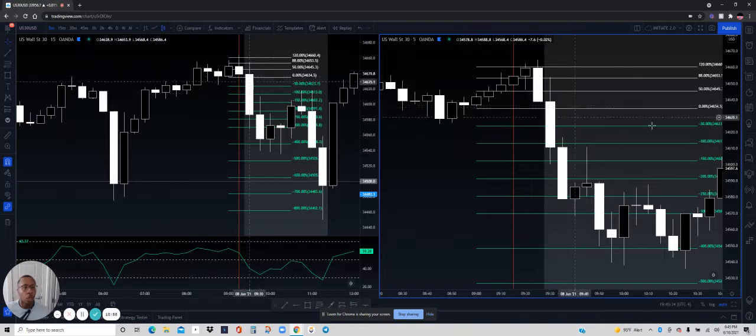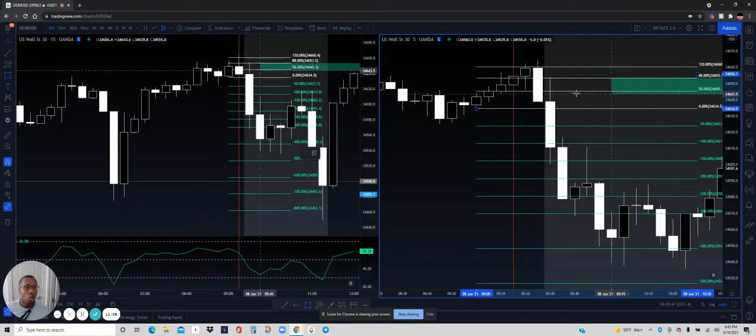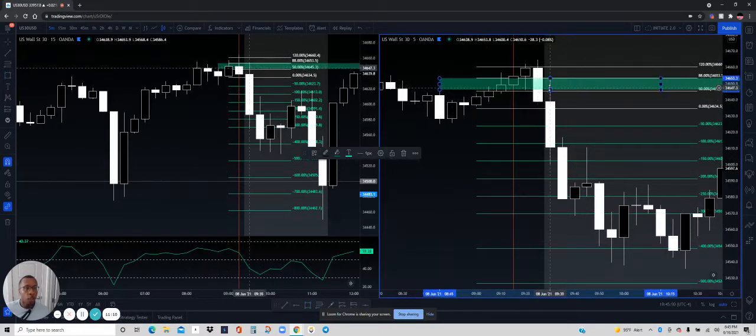Sometimes it doesn't close below the 0 and 50%. Sometimes it does a bearish formation, which as you can see here, is a bearish engulfing, a 3-line strike, perfect setup. Since it's done that, I will be looking for price to retest this zone of the 50% at 88.